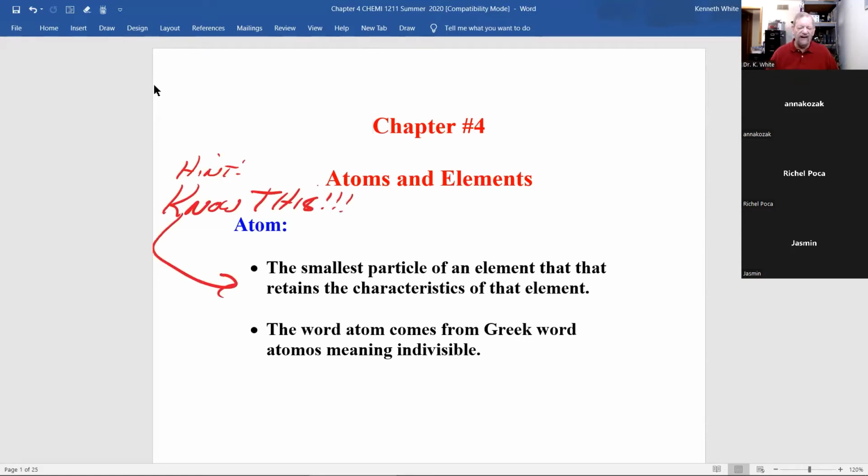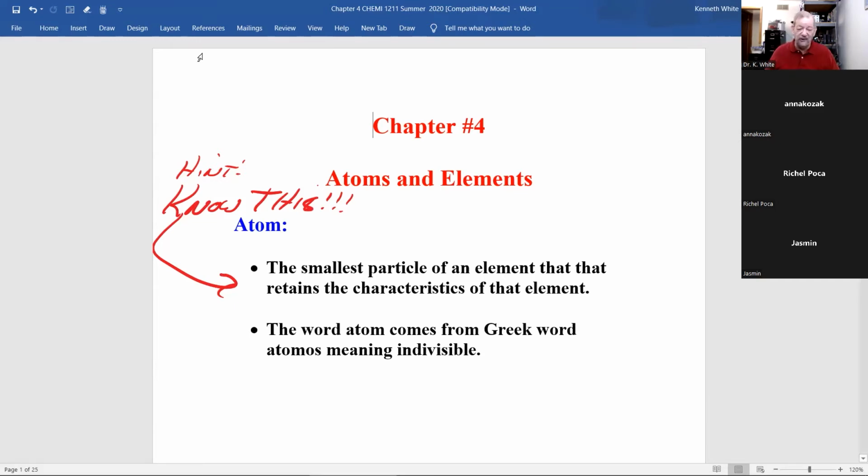You should know what is an atom. And an atom is the smallest particle of an element that retains all the characteristics of that element. My gold ring here, if I could pull out an atom of gold, it has all the properties of gold. If I could pull out an atom of silver from something, I don't have any silver on me or nearby, but if I did, that atom, and I couldn't hold it in my fingers, it's too small, has all the characteristics of that element.